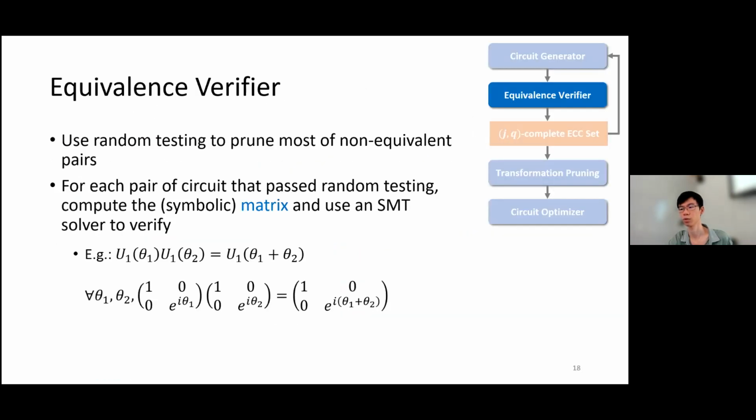So do you mean like this equation? Yes, for example, you provided ECCs of size 2 or 3, like two Hadamards are equivalent to nothing. Imagine you are given two circuits of size 100. Are they equivalent?